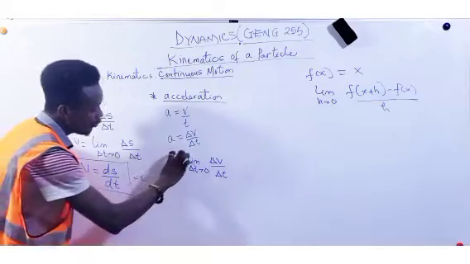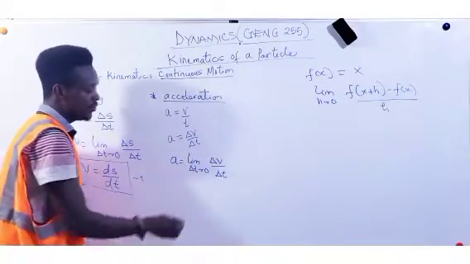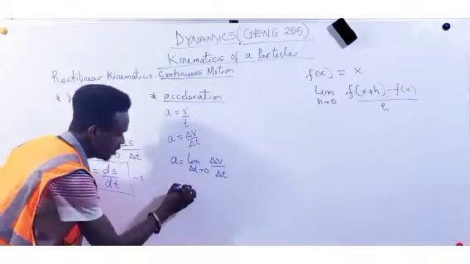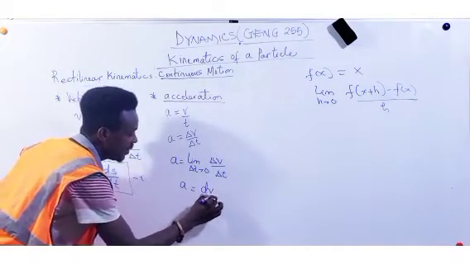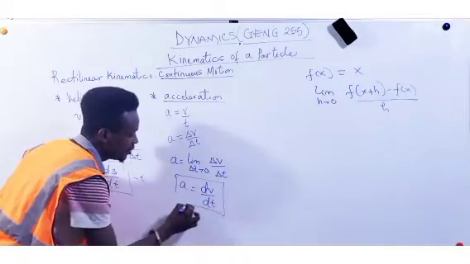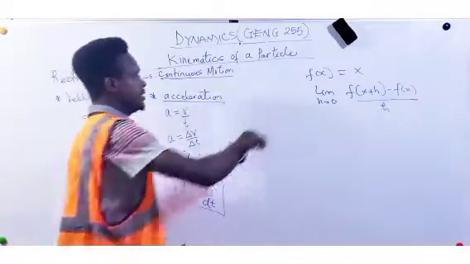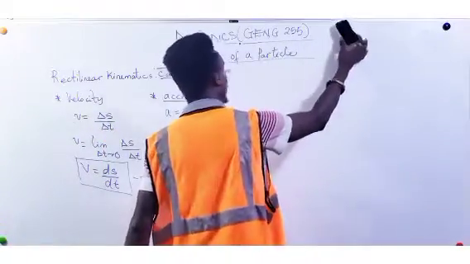So the acceleration will be the limit as the change in t approaches 0 of this, meaning that acceleration will be equal to the derivative of the velocity divided by the derivative of time. So the acceleration is equal to the derivative of the velocity with respect to the derivative of time.